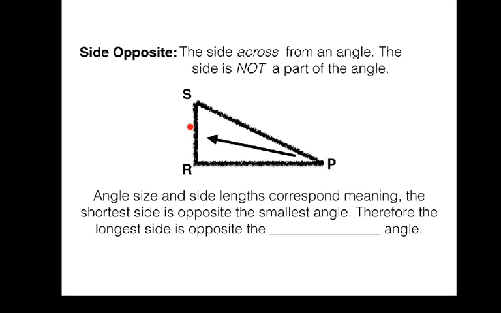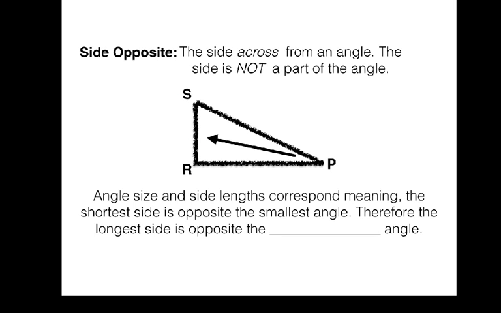SR doesn't really have anything to do with it. Also, the way I like to think about it is if I made angle P bigger, SR would immediately become a longer side because of it, because they have that relationship. So for angle P, the opposite side is going to be side SR.